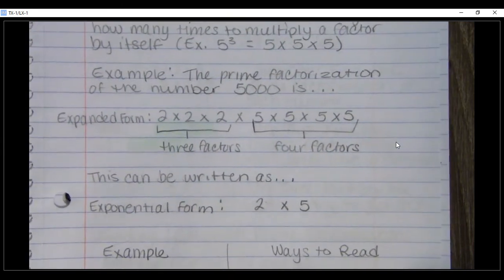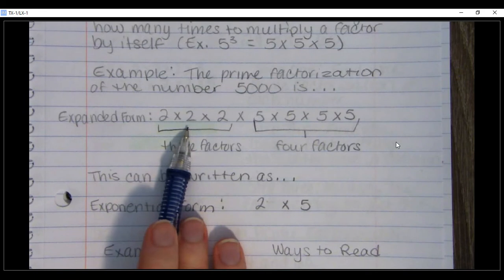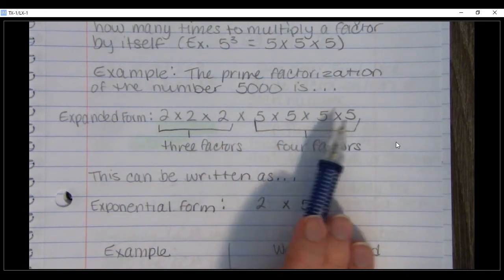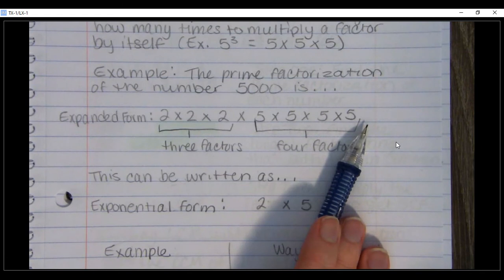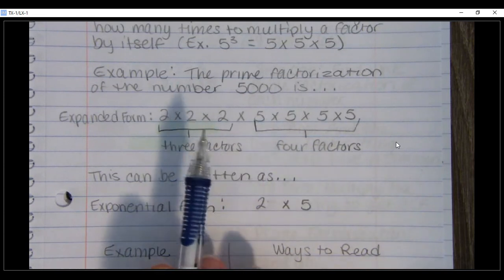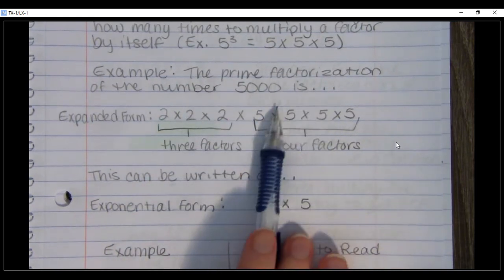In this example, we have the prime factorization of the number 5,000 in expanded form: 2 times 2 times 2 times 5 times 5 times 5 times 5. Whew, that would be a lot to write down, but we can shorten it by grouping our 2's together and our 5's together.